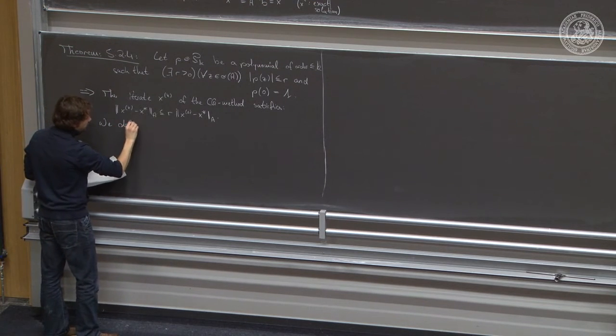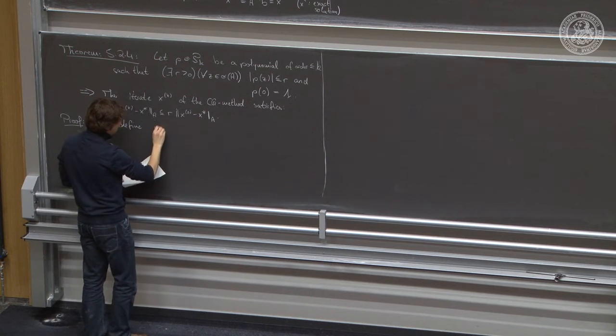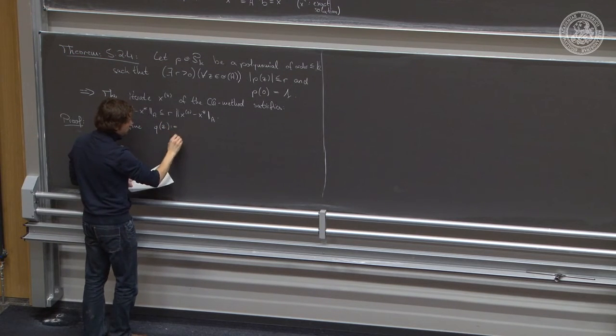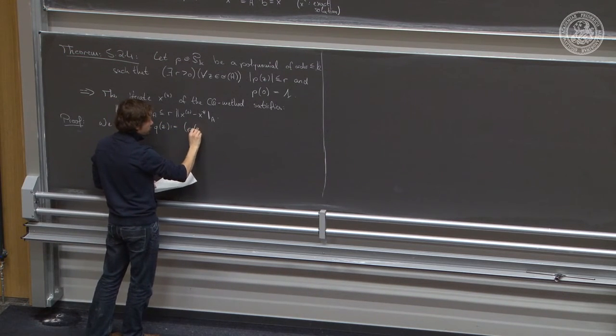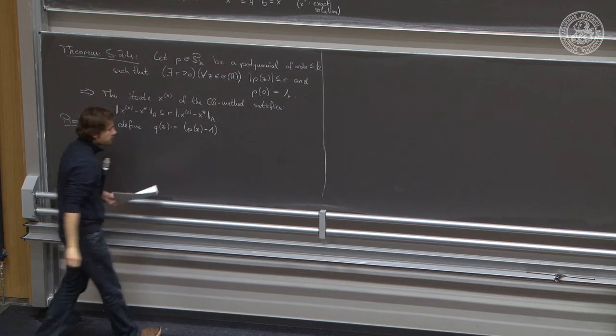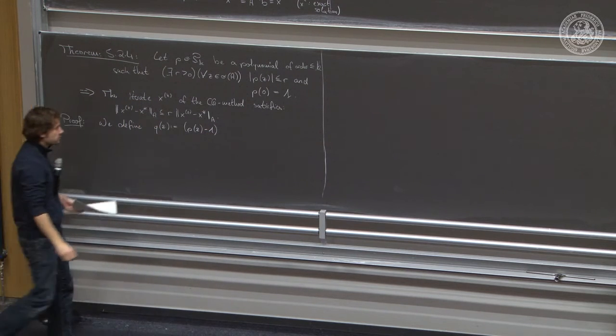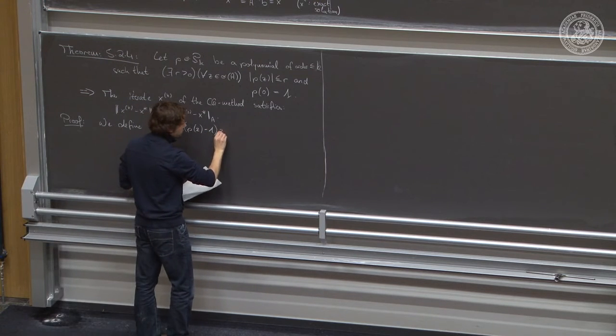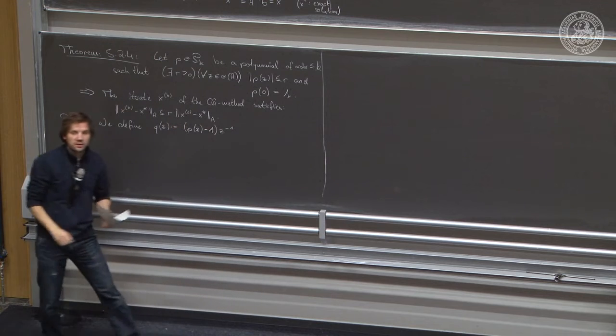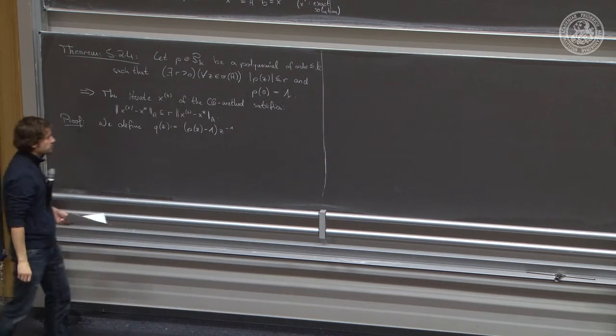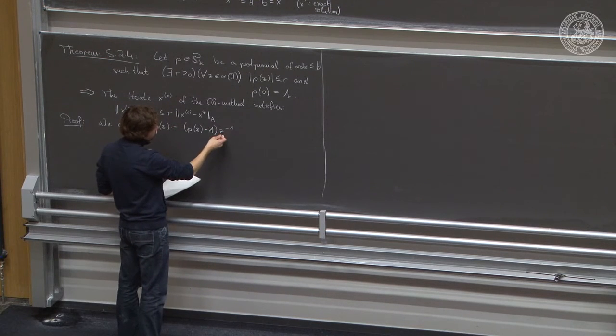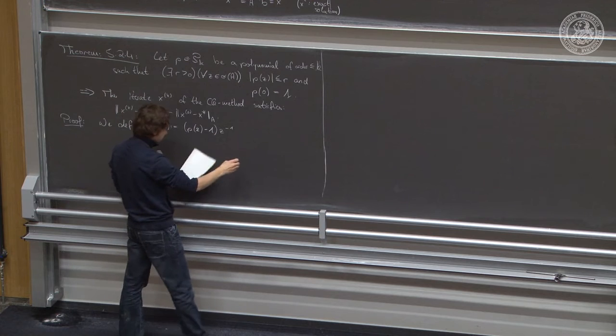Okay, we define the following polynomial. This is nothing but the polynomial p minus 1 times z, or to be more precise, we divide by z.